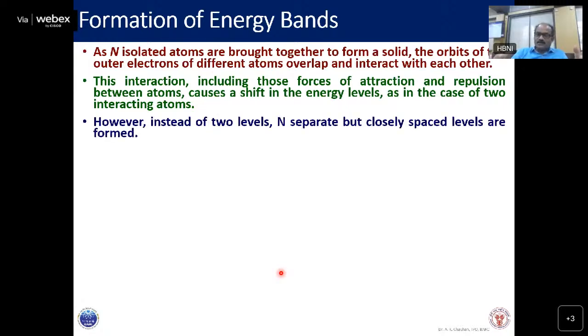Instead of two levels, because there were two atoms, now we are trying to bring n separate atoms. So this will split the levels into n separate levels, which are separated but closely spaced.